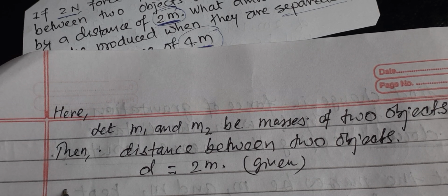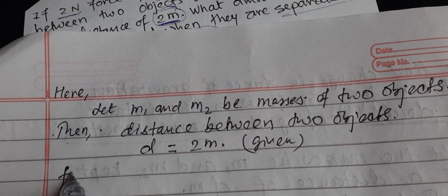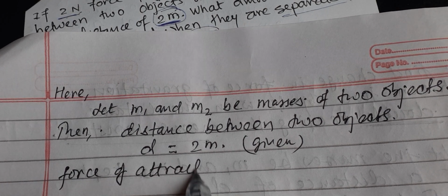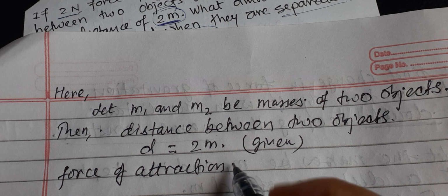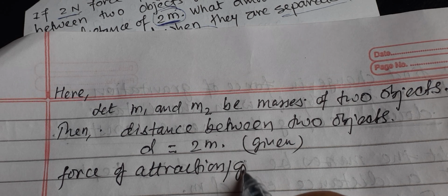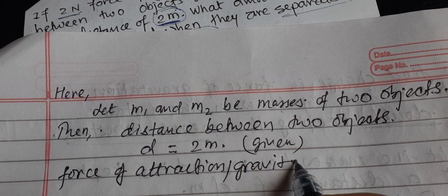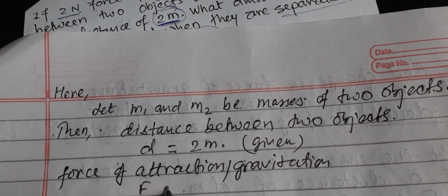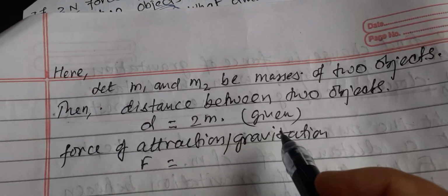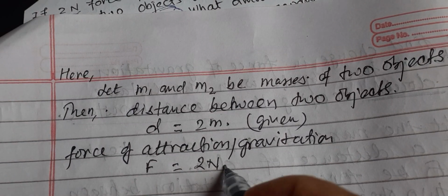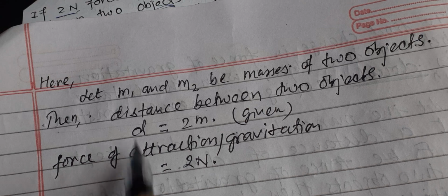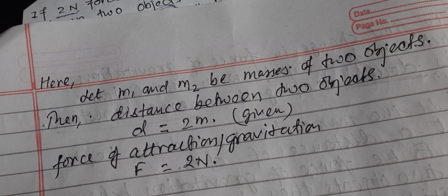Again, force of attractions or gravitations, that is F, is equal to 2 Newton. Okay, these two quantities are given.